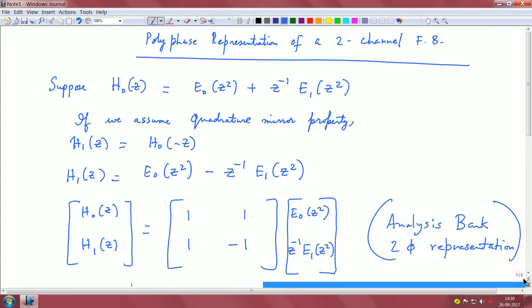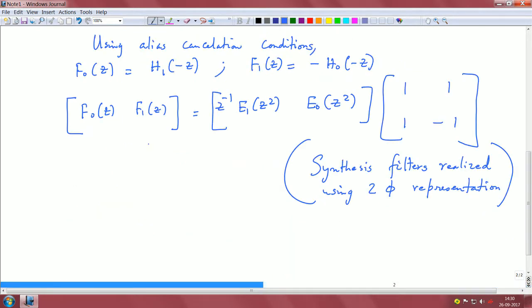For the analysis, I wrote it in this form where I stacked them in the column format, and synthesis I did this in the row format. And the hint would be the type 1 and type 2 phase representations that I would want. Type 1 polyphase for analysis and type 2 polyphase for the synthesis. That is the idea why we have stacked these filters in this form.